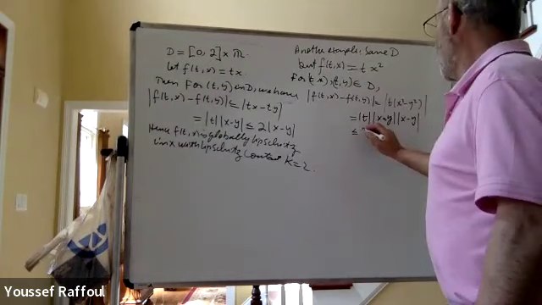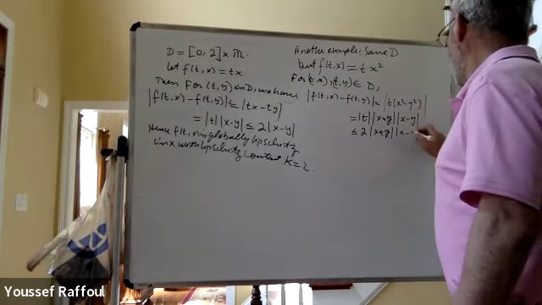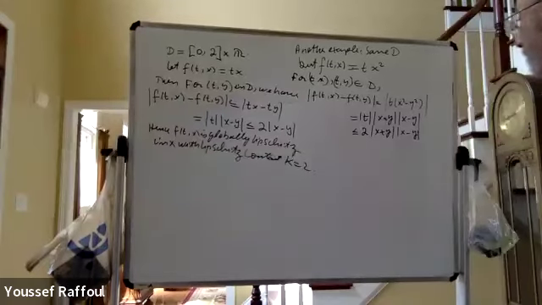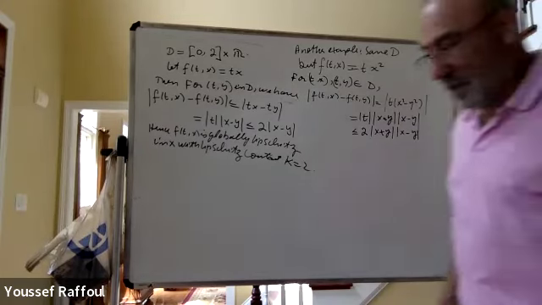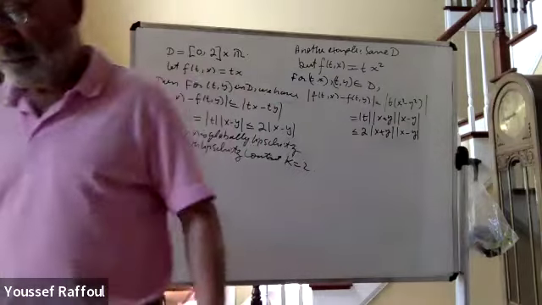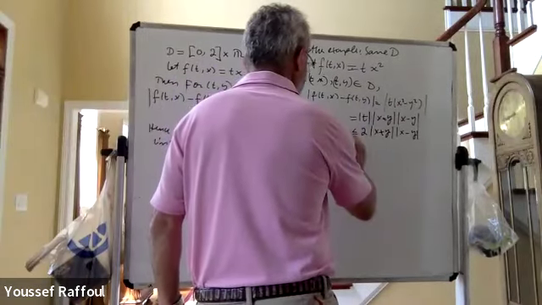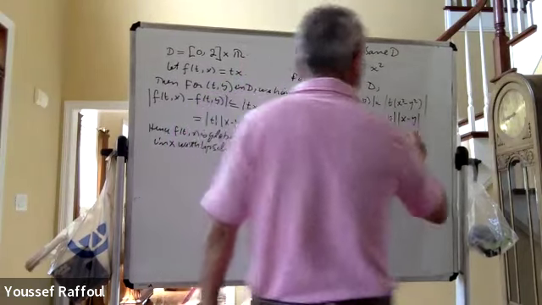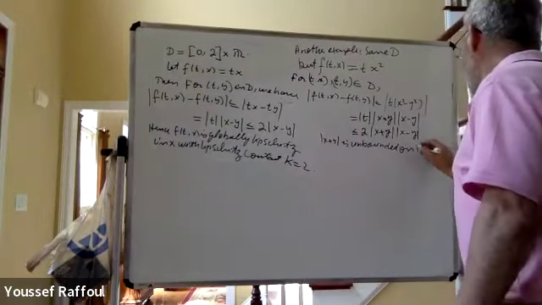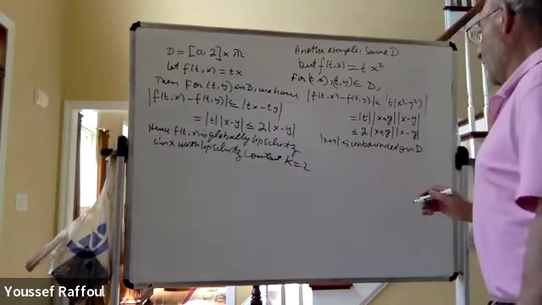This is less or equal to 2 |x plus y| |x minus y|. Okay? Now, I see x plus y is unbounded on D because it's R on D.